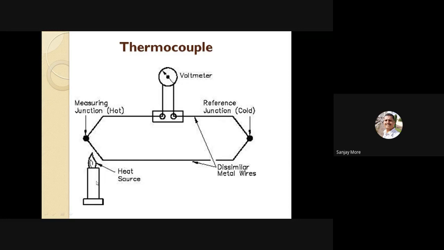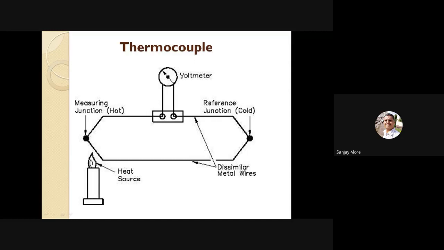There is a heat source. The heat source passes the heat, and this hot junction consumes the input supply heat and passes it through here and measures the voltage. Also, this heat transfers to the cold junction, and this cold junction is also connected to the voltmeter.